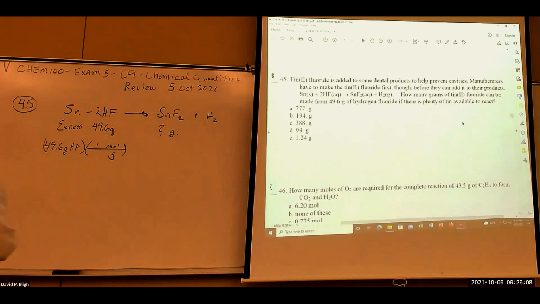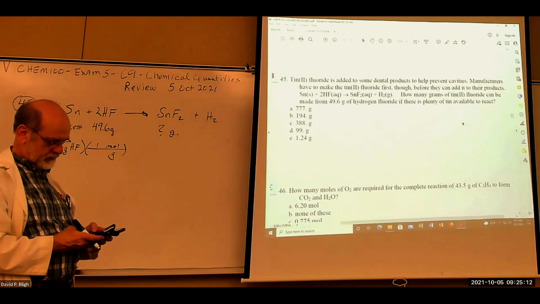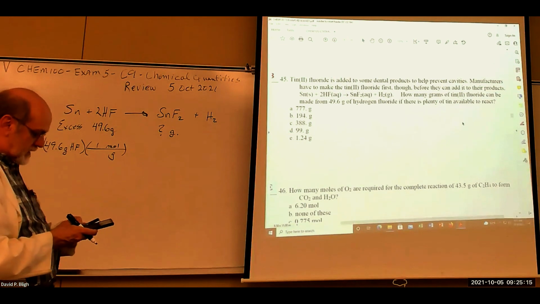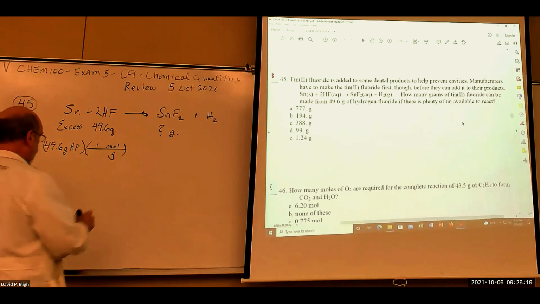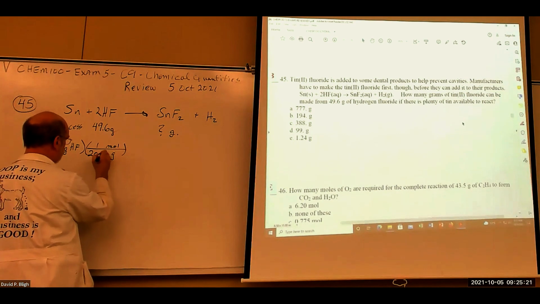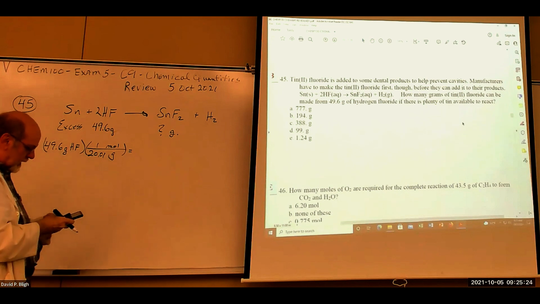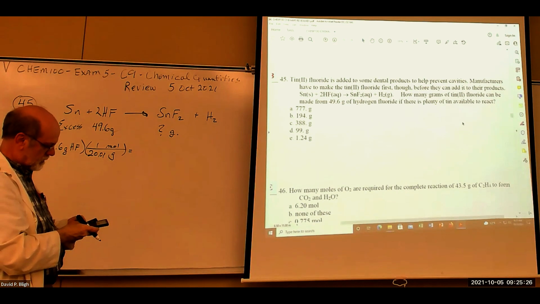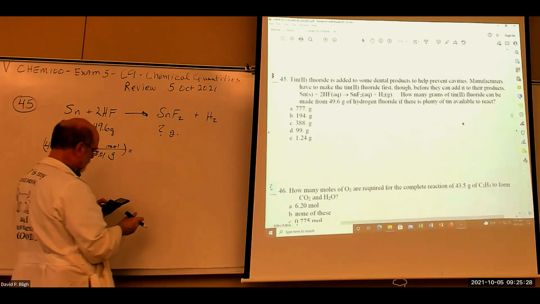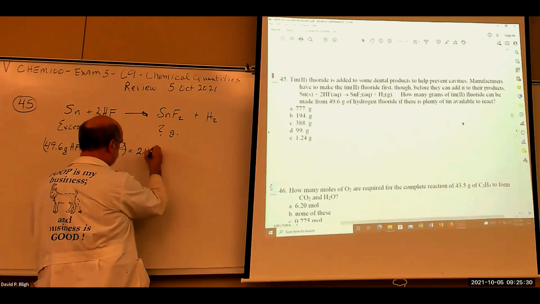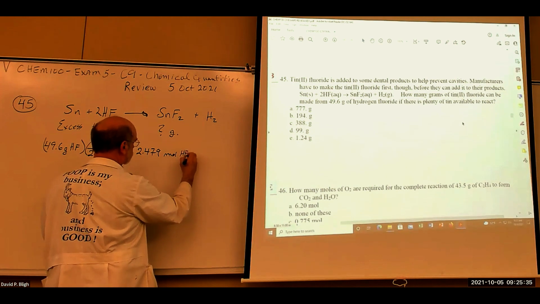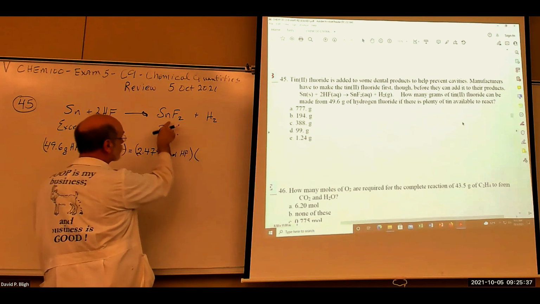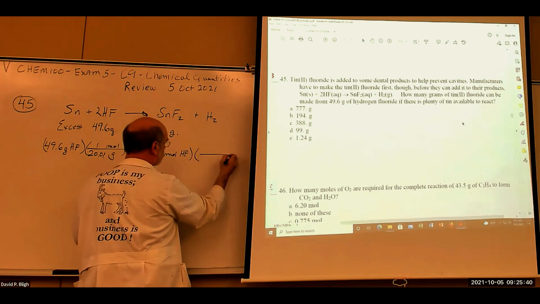Well, let's see. 19.00 for fluorine, and then hydrogen is 1.01. So that's 20.01. Divided into 49.6, which is 2.479 moles of HF.